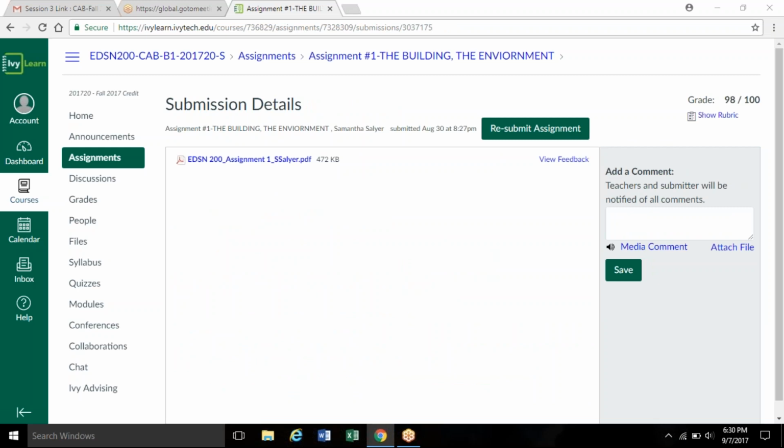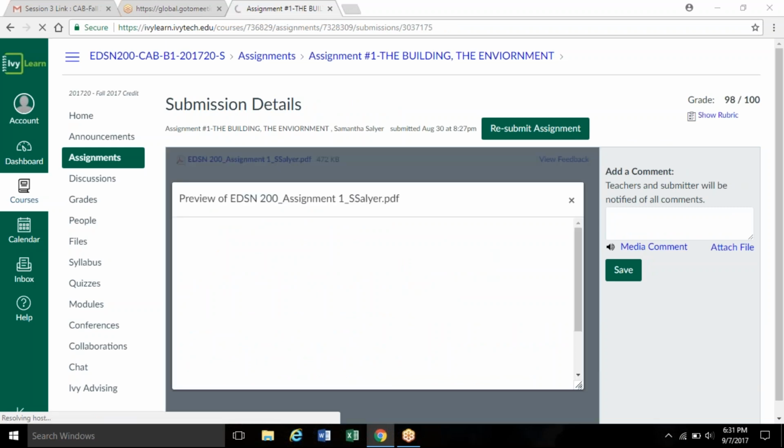And then she's going to click View Feedback, which is adjacent to what would be your PowerPoint or your PDF, which is where I put all my comments for the week. I might have put something in the little add comment box and you saw something short like, great job, or this could have been better, XYZ, see slide for more comments. And this is how you would have accessed those comments.